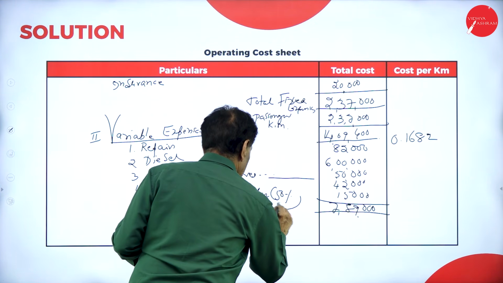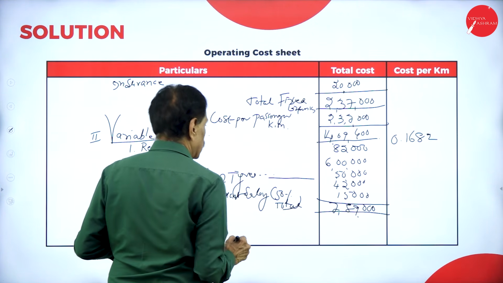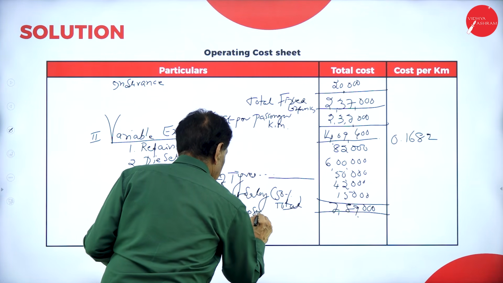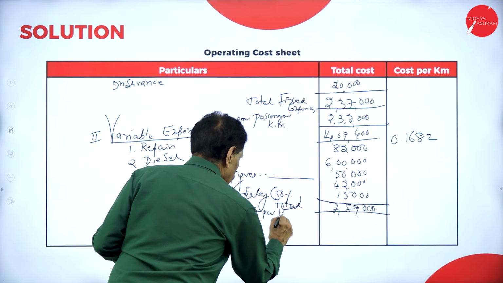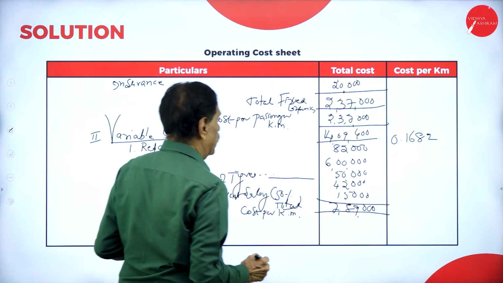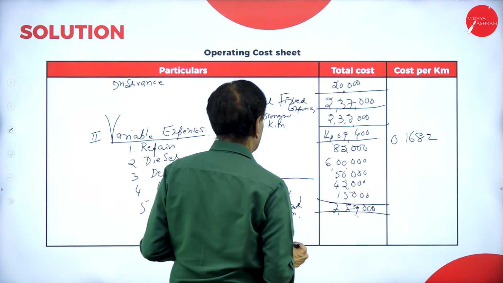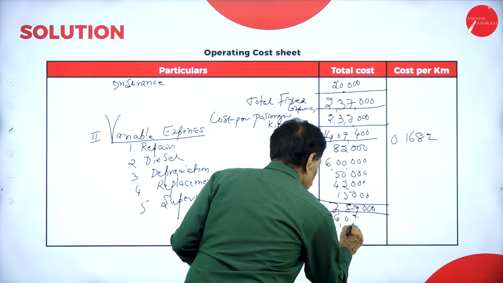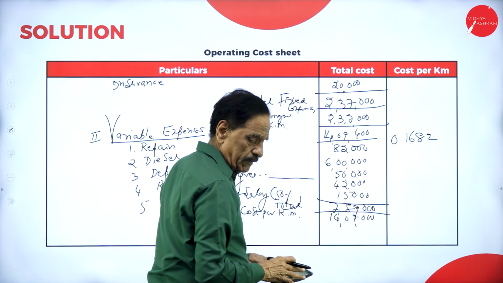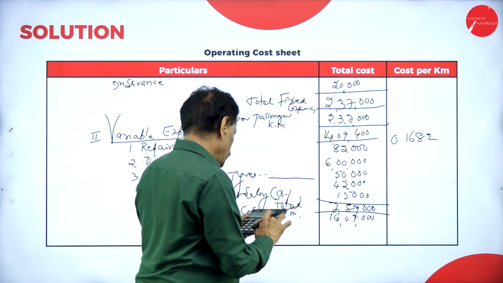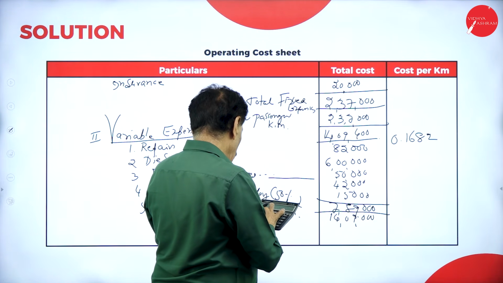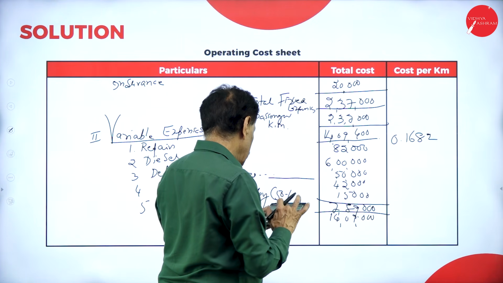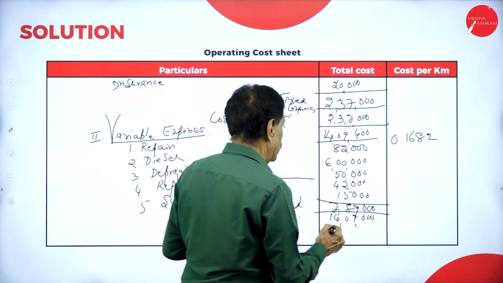Total variable cost per kilometer: 7,89,000 divided by 14,09,400 is 0.60.